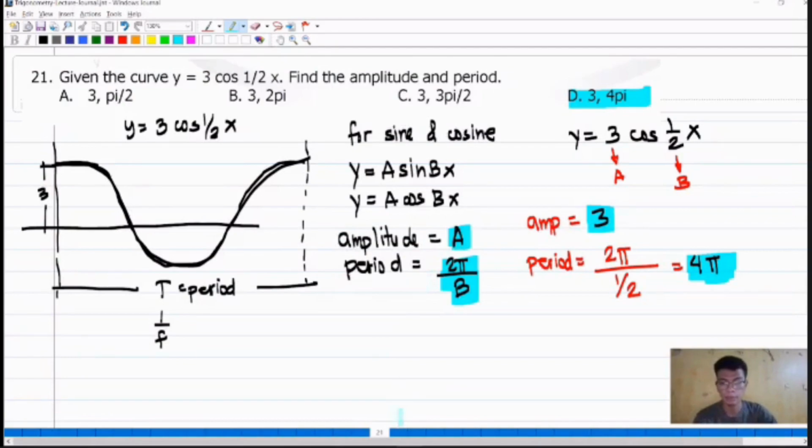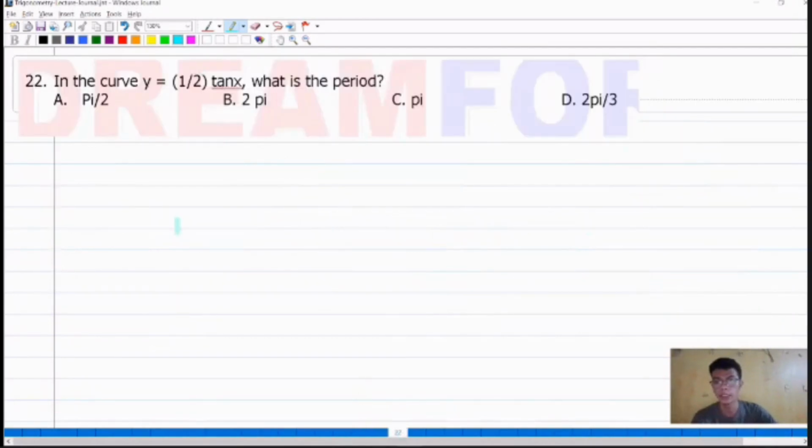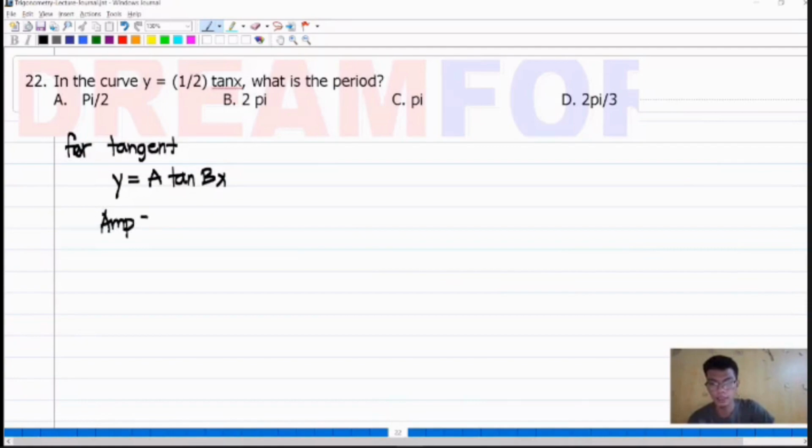Para sa ating problem number 22, in the curve y is equal to 1 half tangent x, what is the period? So for tangent naman, where y is equal to a tangent bx, ganun pa din. So amplitude, that is still the value of a, pero magbabago na yung ating period.